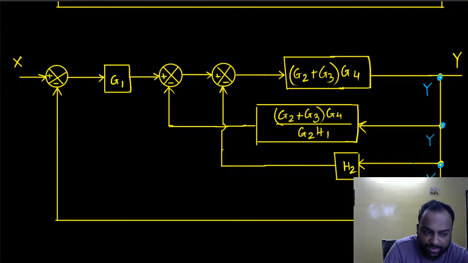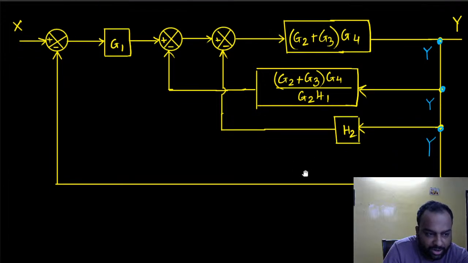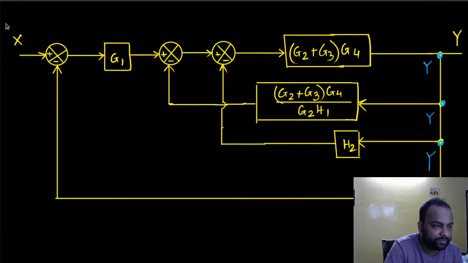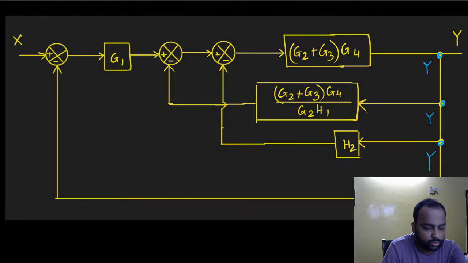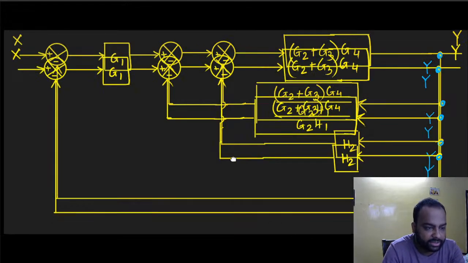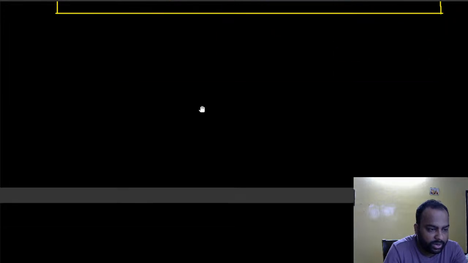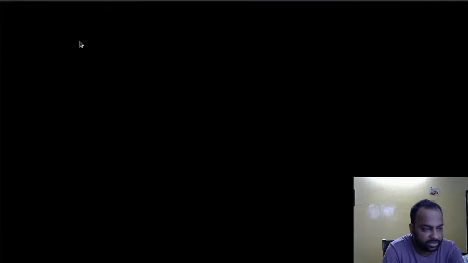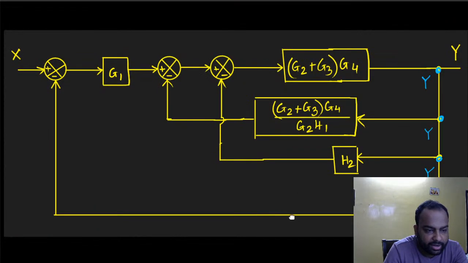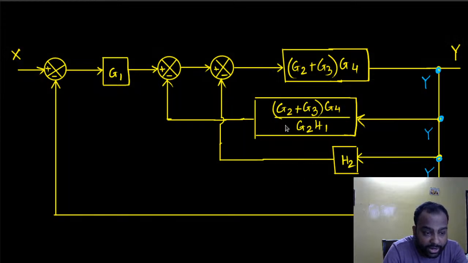Same thing is going on. So instead of drawing it like this, without any complicated calculation, I can draw it like this. Try to understand.